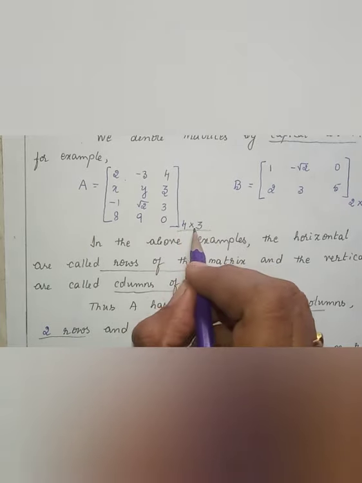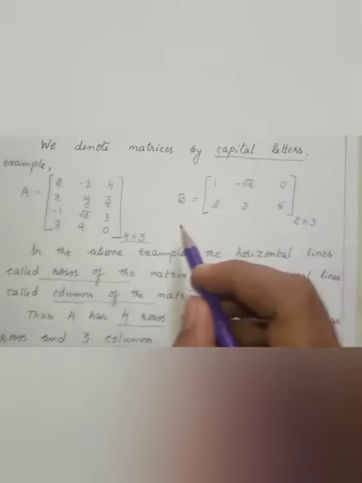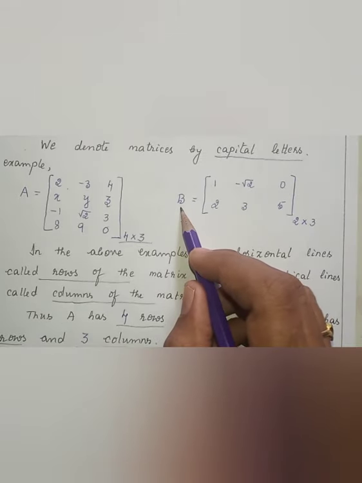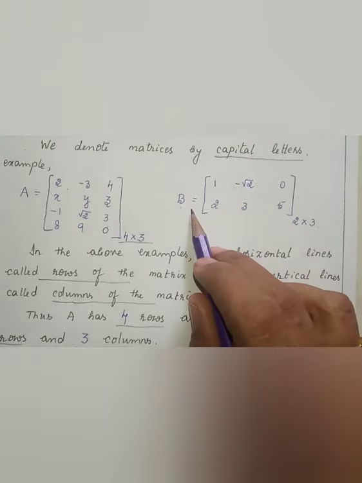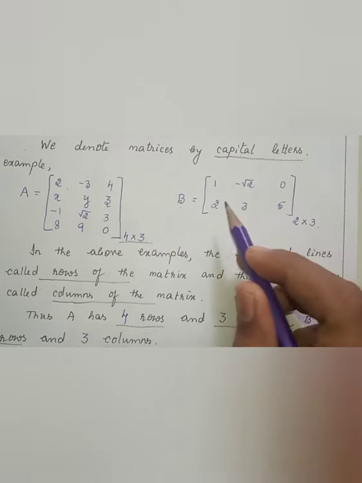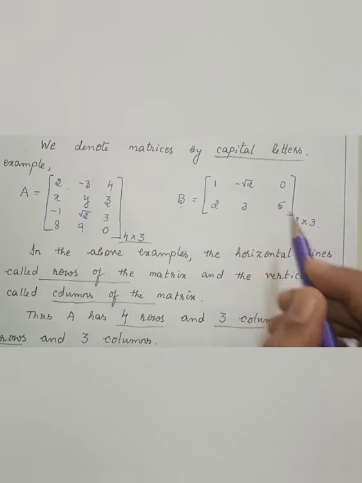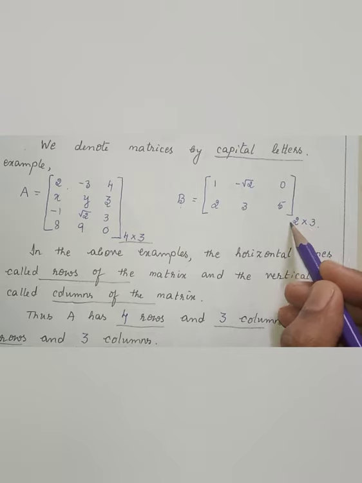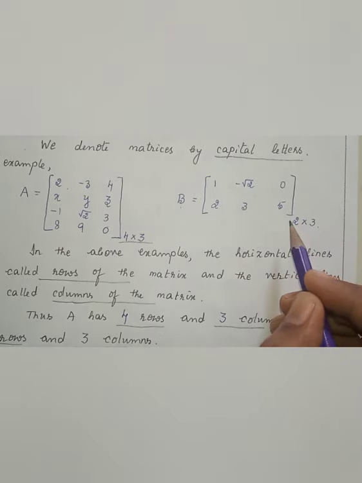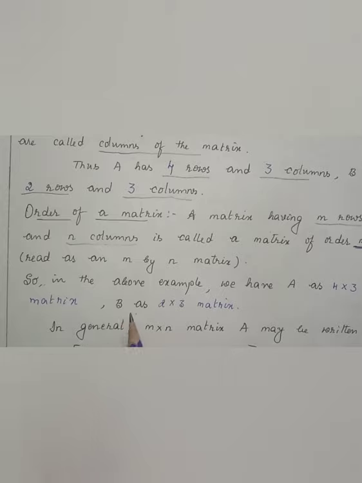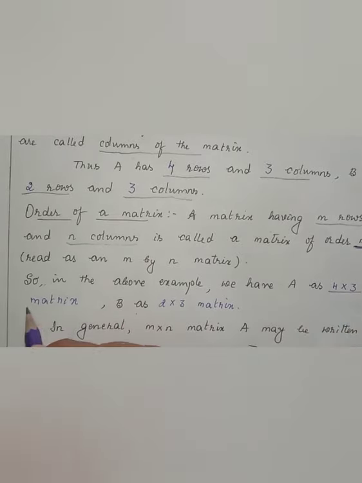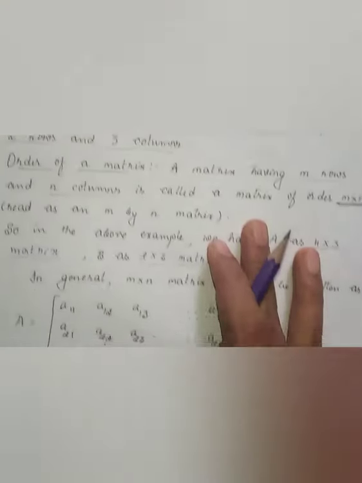A is a 4 by 3 matrix. And one more example, matrix B is of order 2 by 3 because B has 2 rows and 3 columns. Always the first number indicates the number of rows and the second number indicates the number of columns.